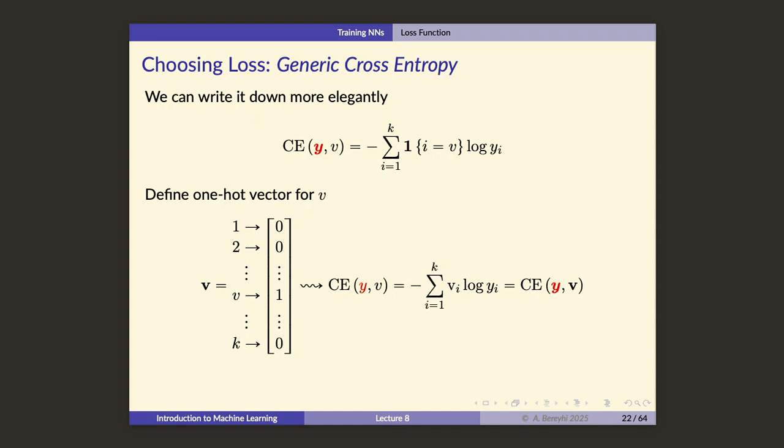It's only 1 at the place of V. Right? And then your cross entropy is essentially the entries of this one hot vector multiplied by log of yi. This is what you usually see when you search cross entropy, right? So the cross entropy between vector y and vector v is computed in this form, but in the training process, you always use it in this one hot form.